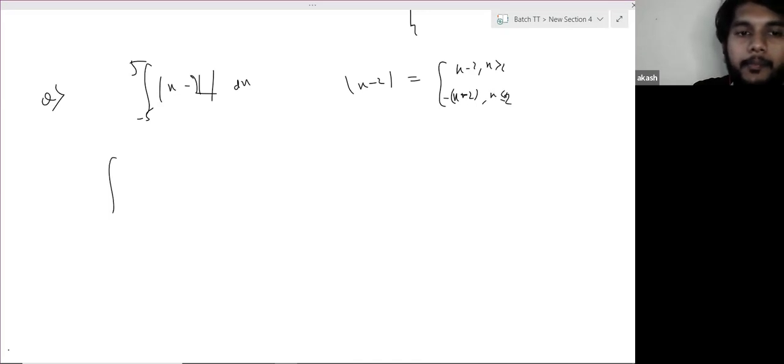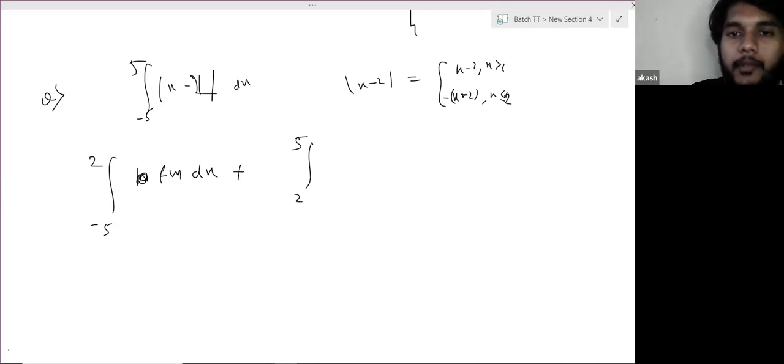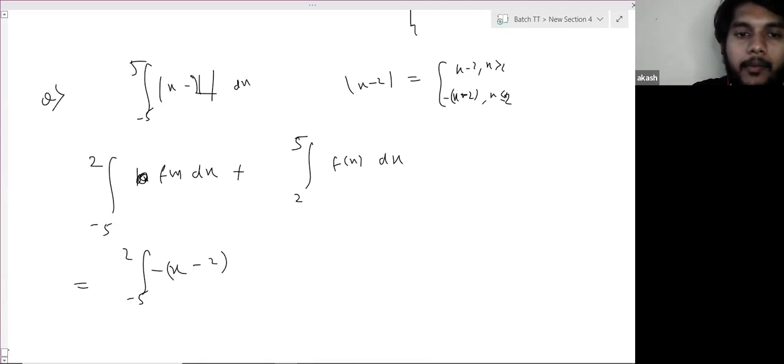So this will be integral from minus 5 to 2 of f of x dx plus integral from 2 to 5 of f of x dx. So this is minus 5 to 2 with a negative sign, plus 2 to 5 of x minus 2 dx.